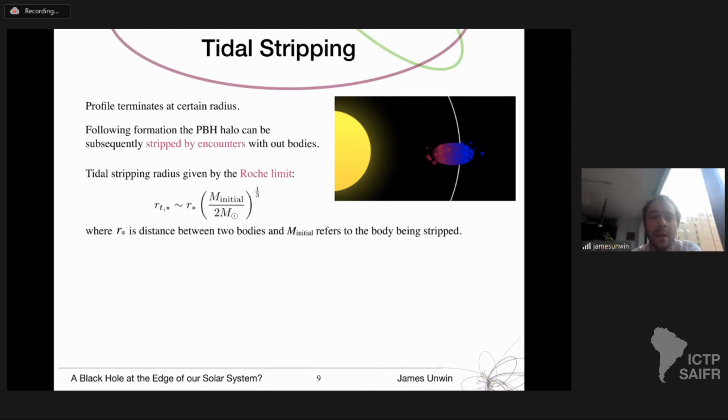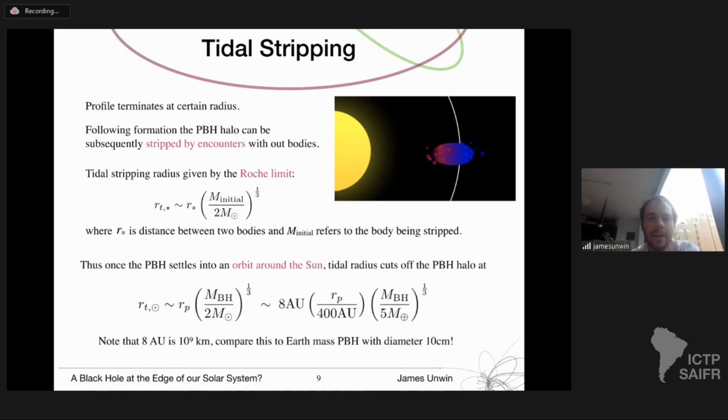In particular here, you get a tidal stripping from the sun, which will cause the halo around the black hole to slowly be stripped away by this tidal gravitational force. And the final terminal radius of the halo is set by the so-called Roche limit.